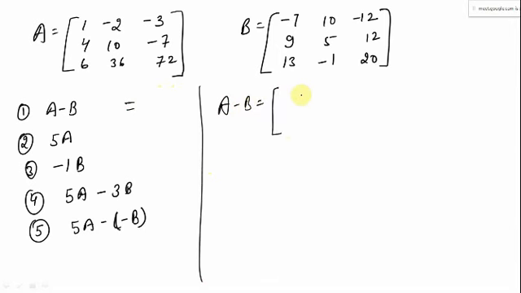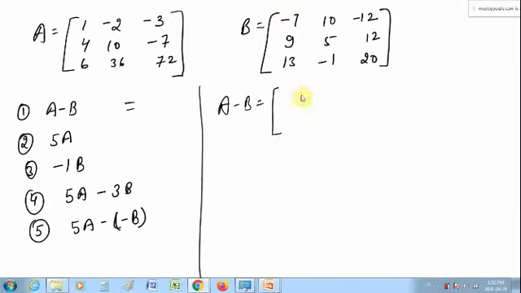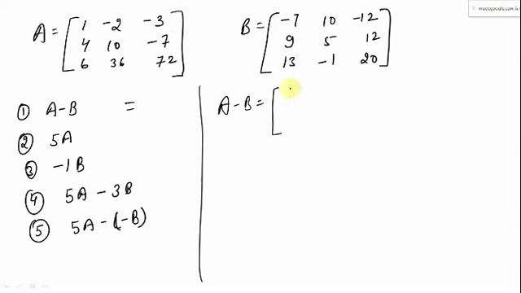Sir, 8, negative 12, 9, negative 5, 5, negative 19, negative 7, 37, and 50.